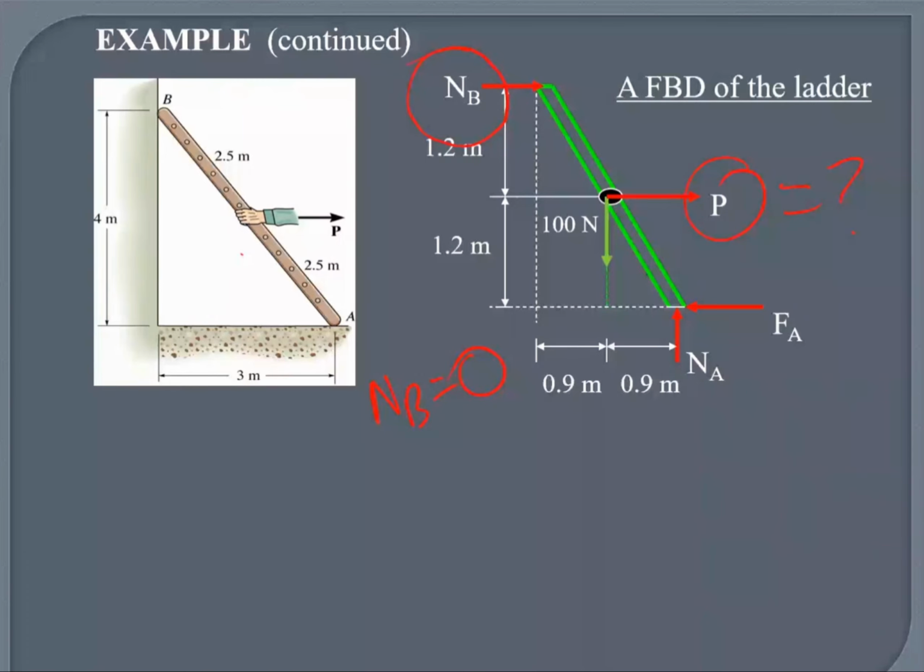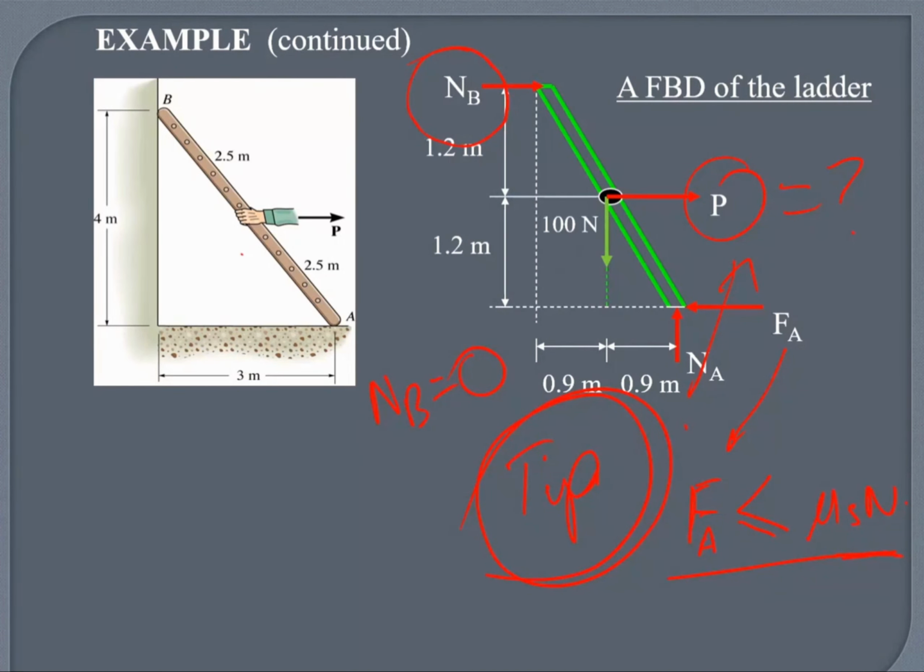After finding your P, you have to verify your assumption was right or wrong. For that, you need to find the value of FA, and this FA value should be less than or equal to mu(SN). If it's less than mu(SN), it means it's not going to slip. Is that clear? Yes, sir.